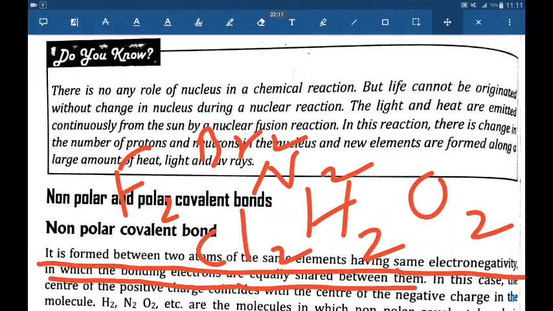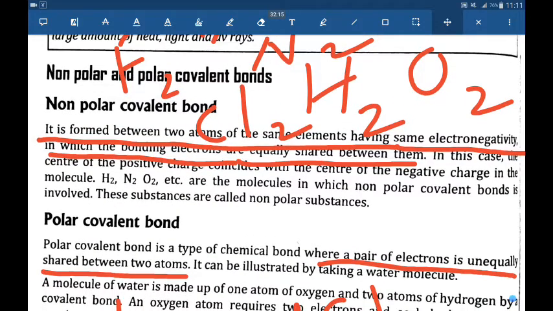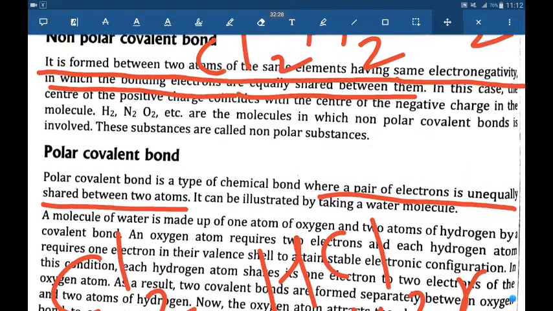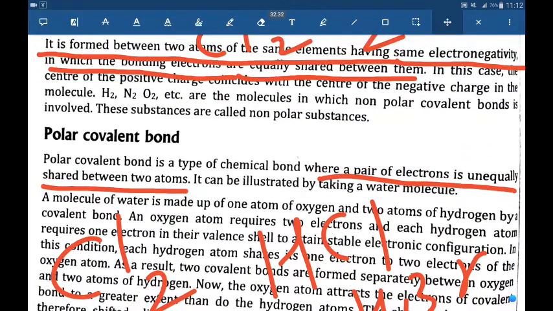Differentiate between non-polar covalent bond and polar covalent bond. Did you write?